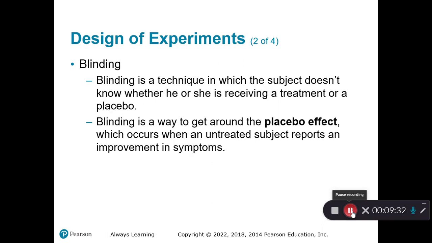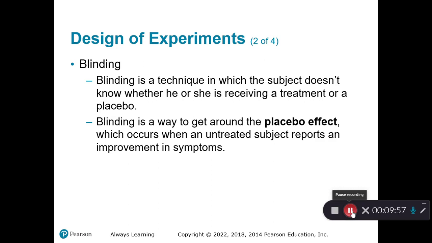In an experiment, blinding refers to a technique in which the person participating in the experiment doesn't know what they're receiving. They don't know if they are receiving the true treatment or if they're receiving a placebo. For obvious reasons, we want to withhold this information from the subject, because otherwise the role of the placebo is kind of nullified.